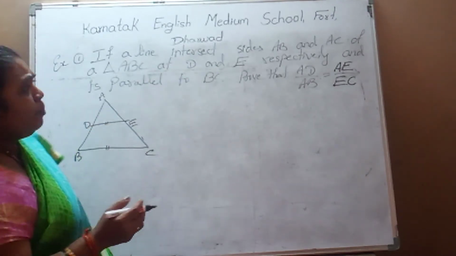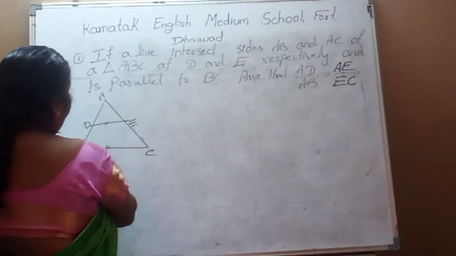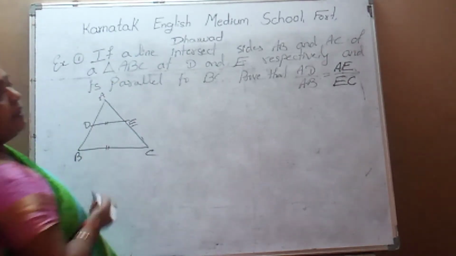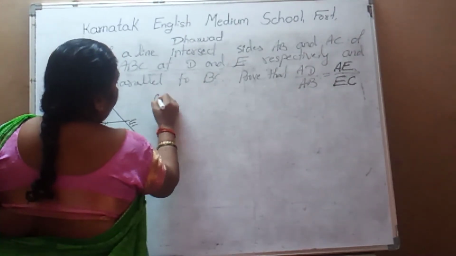What can you prove here? AD divided by AB equals AE divided by AC. How? It is very easy. What are they given?